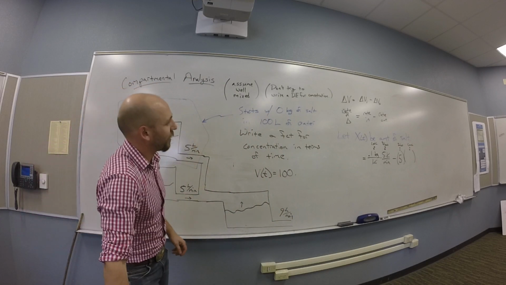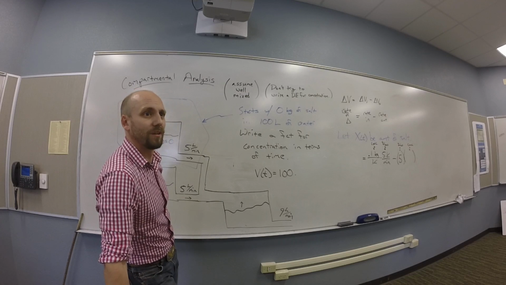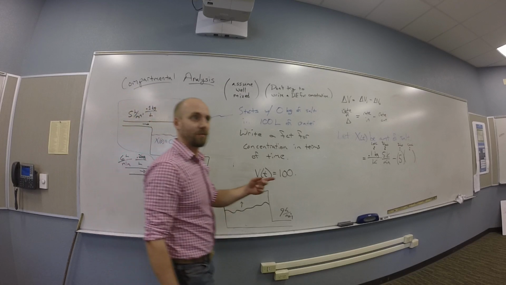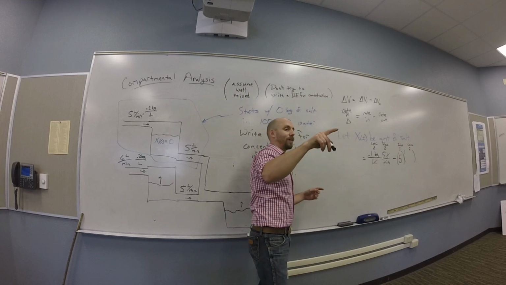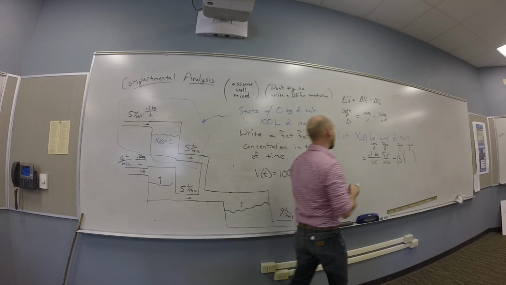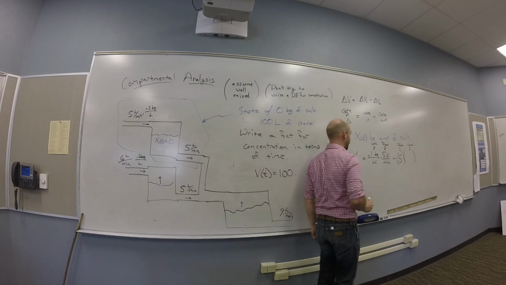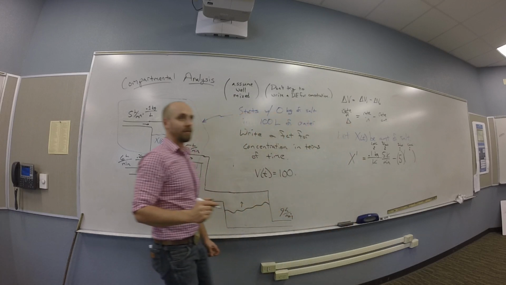And what am I modeling the rate of change of? The concentration of salt in the tank? Close. Or the amount, yeah, the total amount of salt. So this is going to be x prime, right?